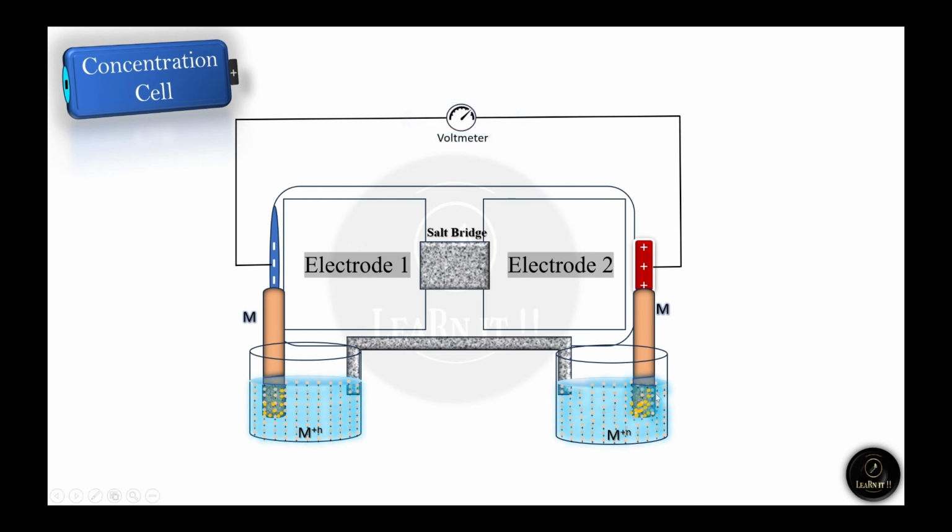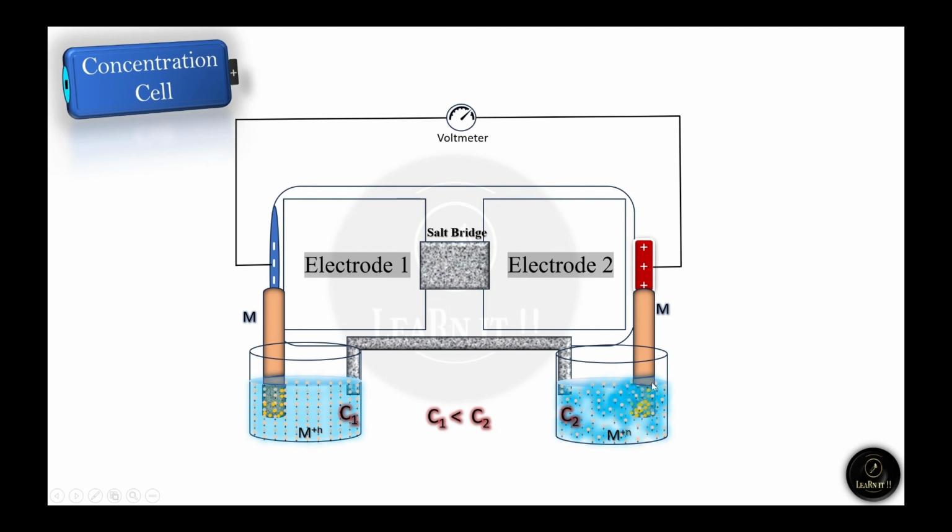But if we increase the concentration of one of the electrolytes, so that its concentration is greater than that of the other electrode's solution, here C2 is greater than C1. Because the concentration of this electrode is more, there will be reduction.